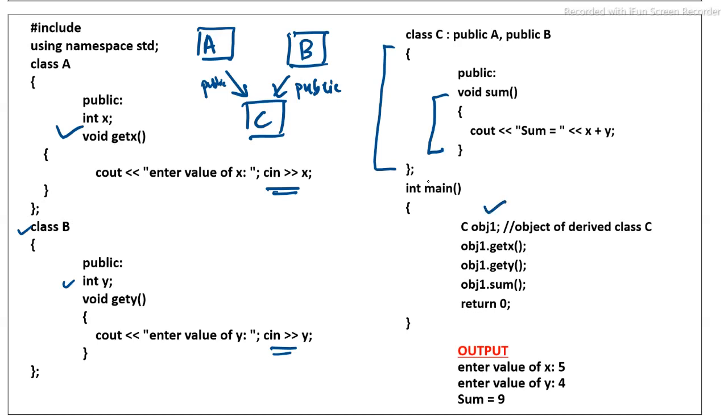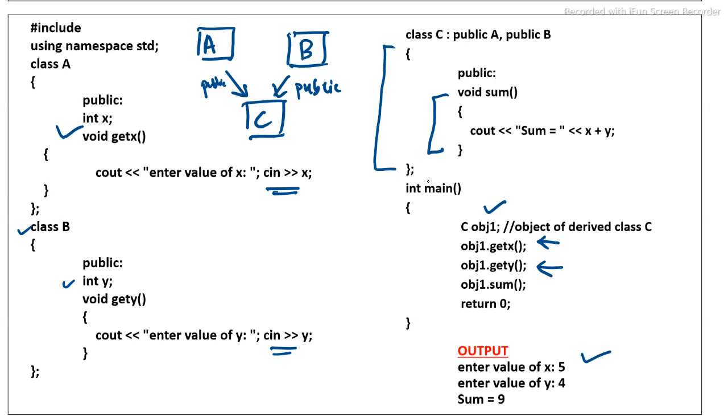So obj1 is the object for the derived class C. obj1 dot getx function is invoked here, so it will call the getx function of class A. We input the value for x, let's say you have entered 5. Similarly, when you call obj1 dot gety function, the get y function for class B is called.